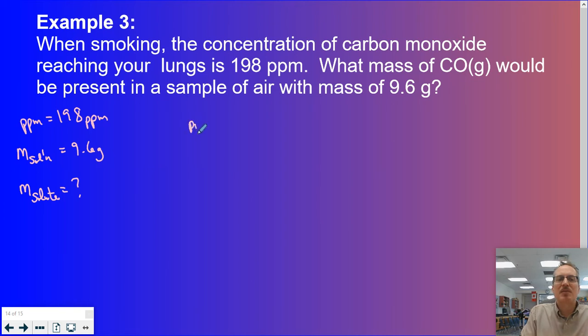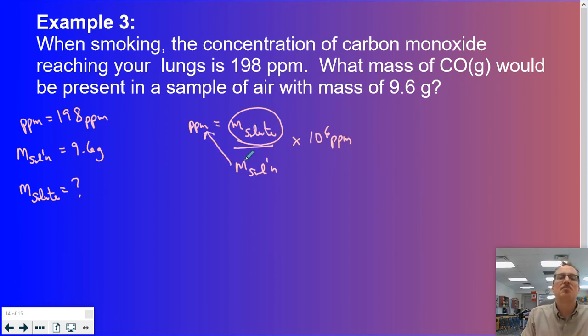So we have ppm equals mass of solute over mass of solution times 10 to the 6 ppm. In this example, we're solving for mass of solute. So to get it by itself, mass of solution is going to multiply on the other side or move up. And it's the opposite of times 10 to the 6, which is divide by.